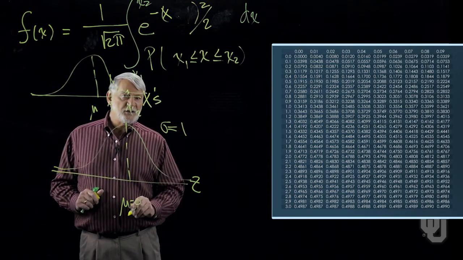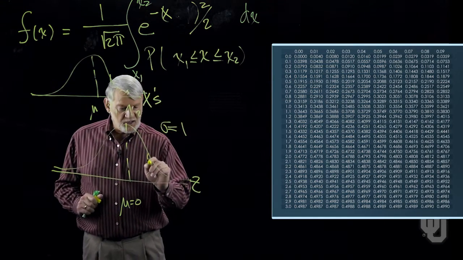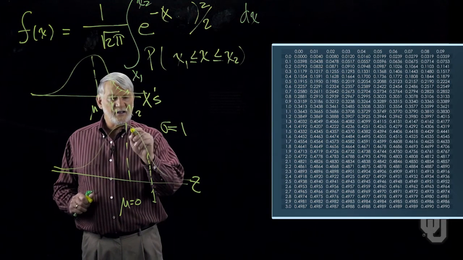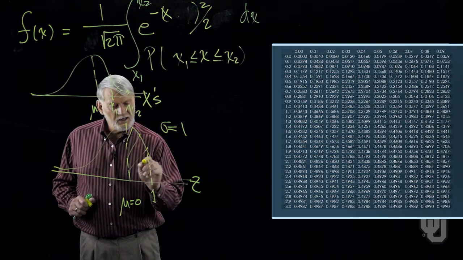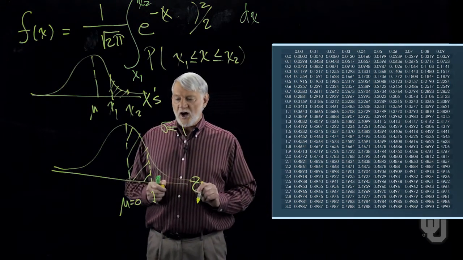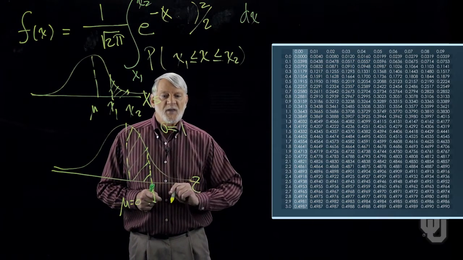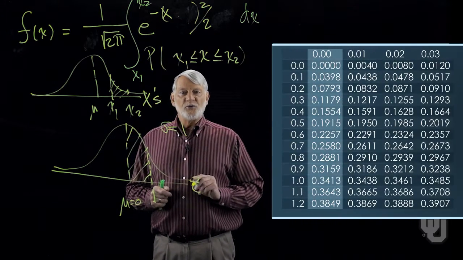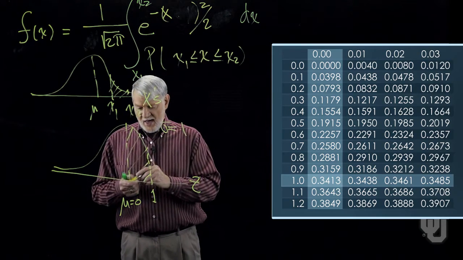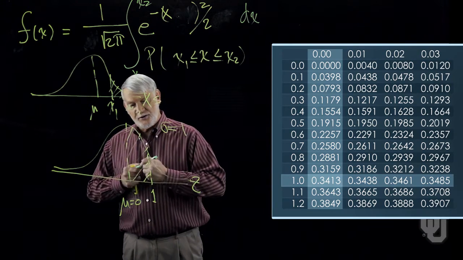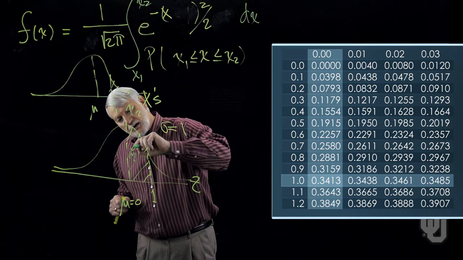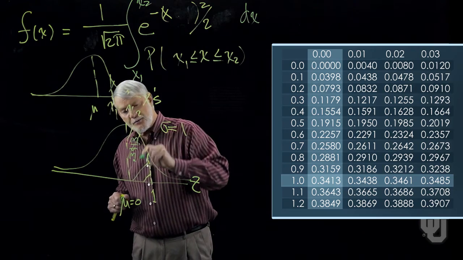Now, let's say we would like to know the probability of going out 1 standard deviation. So this is going to be 1 here. Okay? Our area that we're looking for is this right here. We go to the standard normal table, and we go to the column marked 0. And we then go down to 1, and we read the value you find. And the value you'll find there is .3413, or this area here is .3413.